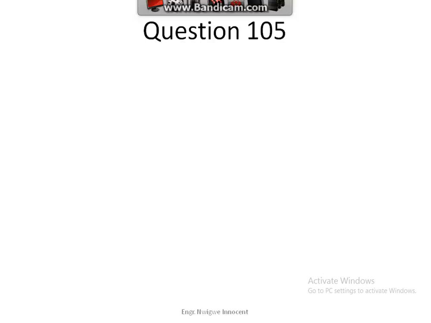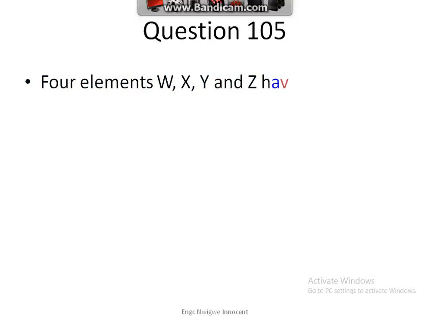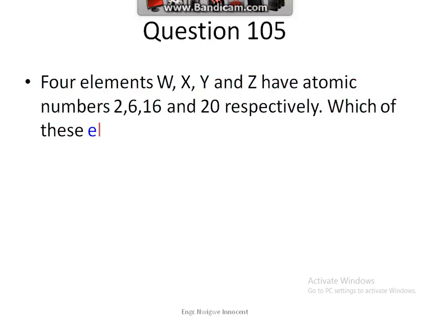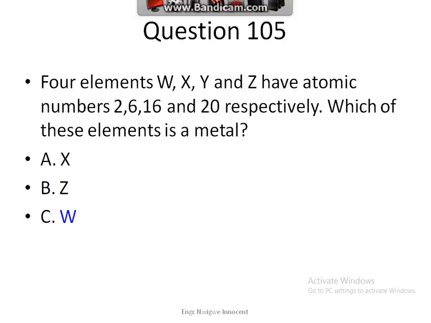Question 105. Four elements W, X, Y, and Z have atomic numbers 2, 6, 16, and 20 respectively. Which of these elements is a metal? A. X, B. Z, C. W, D. Y. Solution.